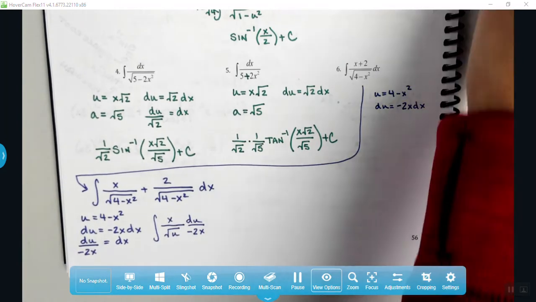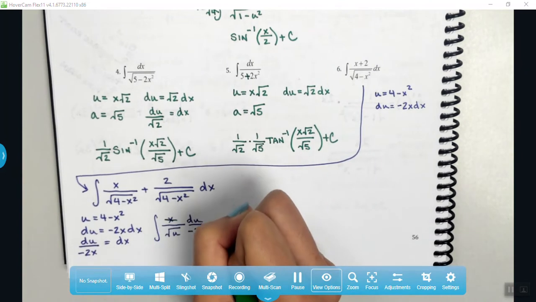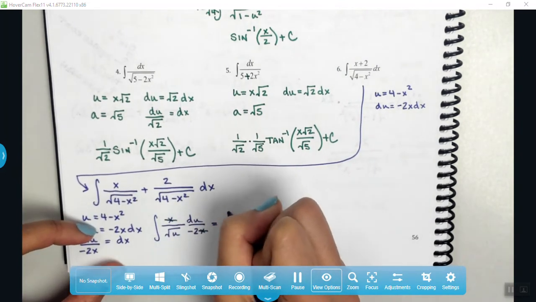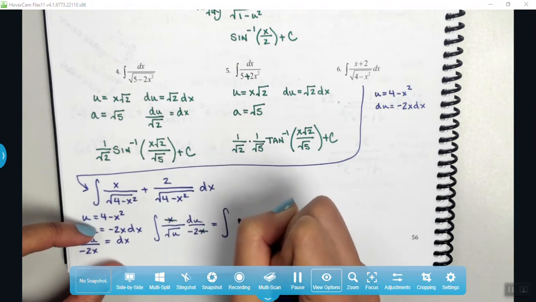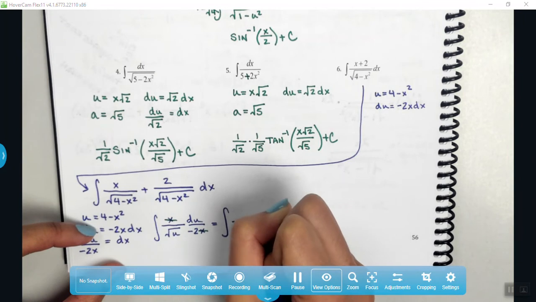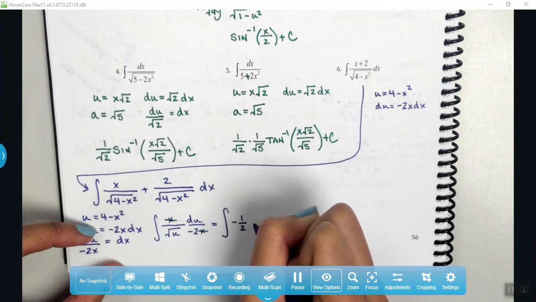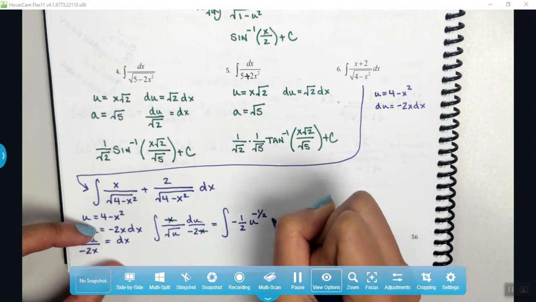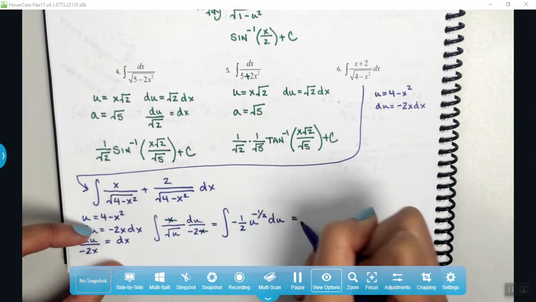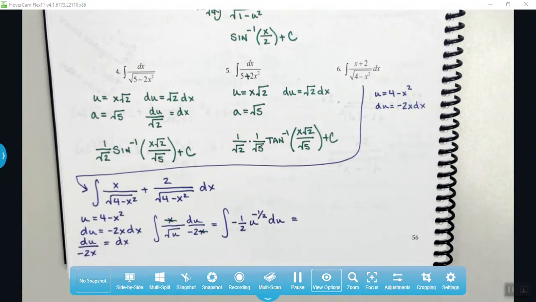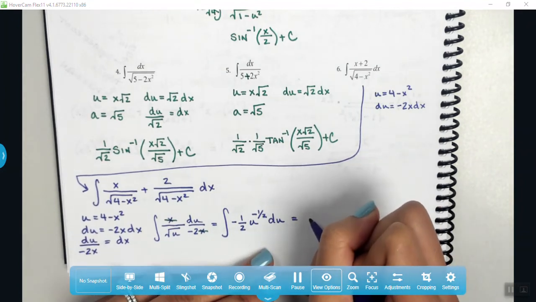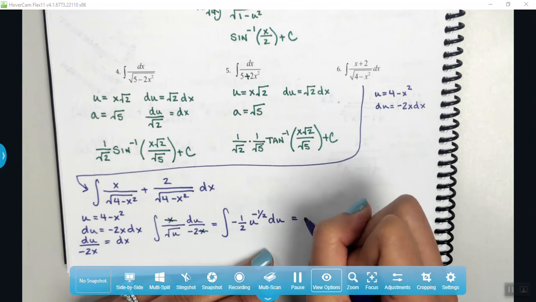Beautiful. My x's cancel. And then I just have to integrate negative 1/2 u to the negative 1/2 du. The integral of that is negative u to the 1/2.